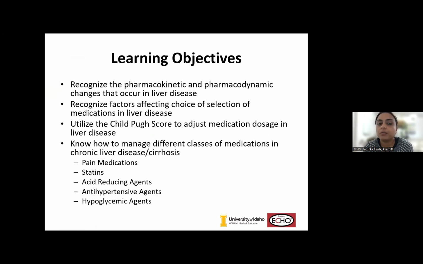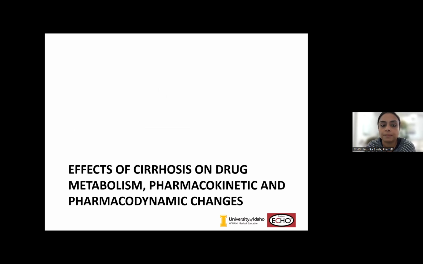You should be able to recognize factors which should affect your selection of medications, utilize the Child-Pugh score to be able to adjust medication dosages, and then know how to manage different classes of medications in chronic liver disease or cirrhosis. And so we will go over some of the more commonly prescribed medications, such as pain medications, statins, acid-reducing agents, antihypertensives, and hypoglycemic agents.